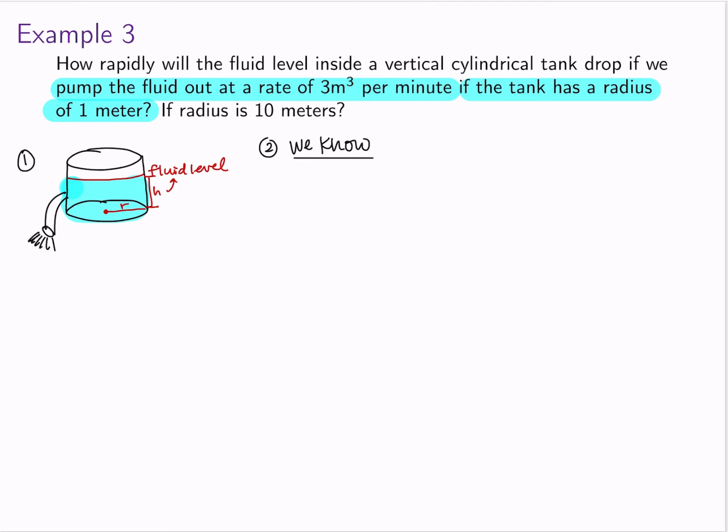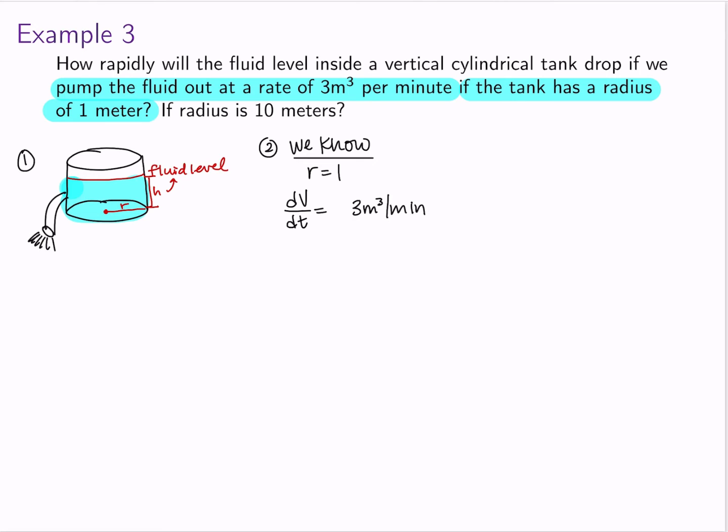So we know that from the beginning R has to be 1 no matter what's going on. That's not changing. And then we're pumping the fluid out at a rate of 3 meters cubed per minute. So that's a rate, and that's how the volume is changing because it's the amount of water. So dV/dt is 3 meters cubed per minute.